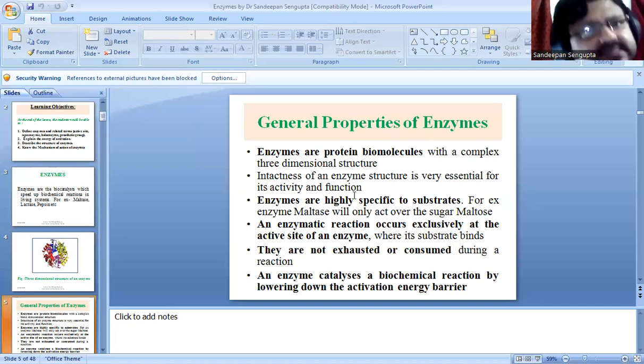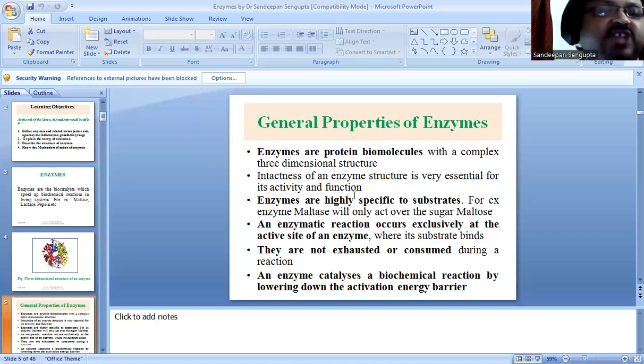Activation energy is nothing but the minimum energy that is required to produce a productive collision among the substrate molecules that will start up the biochemical reaction. In the presence of an enzyme, the substrate will require a lower amount of energy to produce effective collisions, and the enzyme will thus accelerate the conversion of substrate into product.